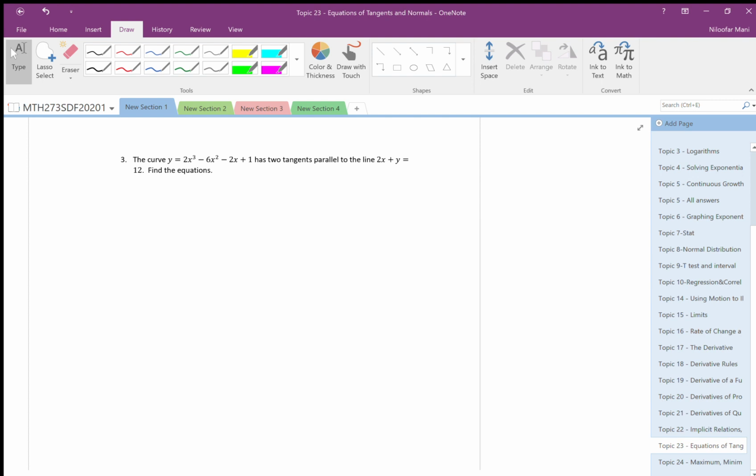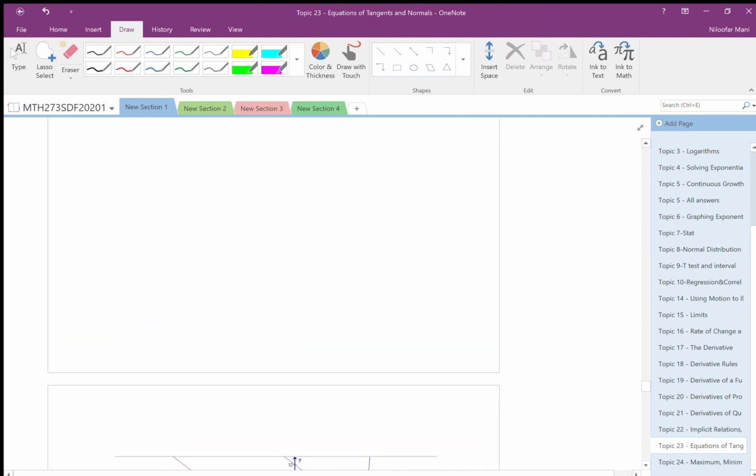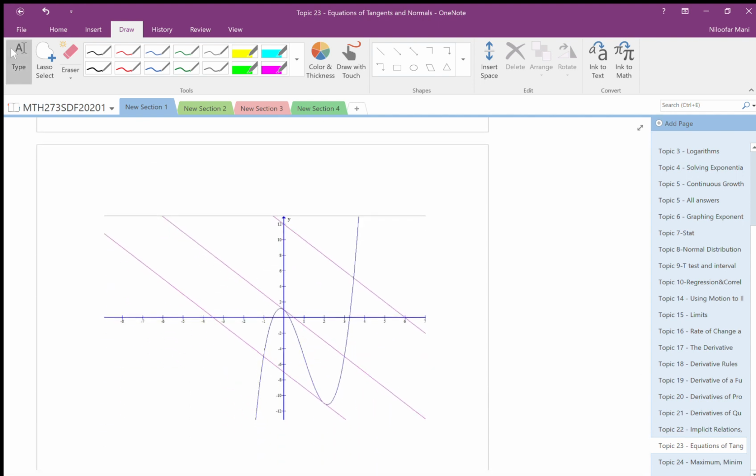Okay, I have a curve here which has two tangent lines which are parallel to this line. Maybe it's better that I show it on a picture. Look at the curve. This is my curve y. It says this curve has two tangent lines. This is one tangent line and this is the second tangent line. How do I know?